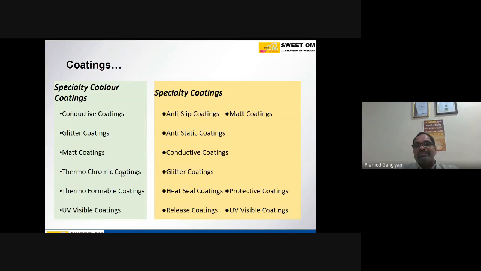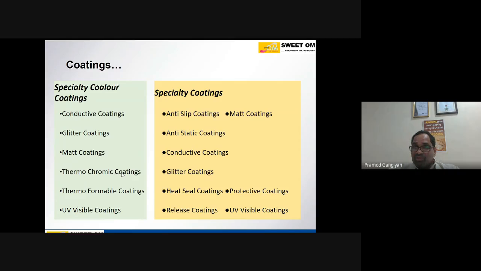UV visible coatings. Now, there are a few specialty coatings which are non-colorant, which will not give you coloring or visible effects, but they have their role. Like anti-slip coatings. What are those anti-slip coatings? For example, if we are making cement bags, where you have to put in the store maybe 10 bags on each other, or 20 bags, or maybe 30 bags on top of others.